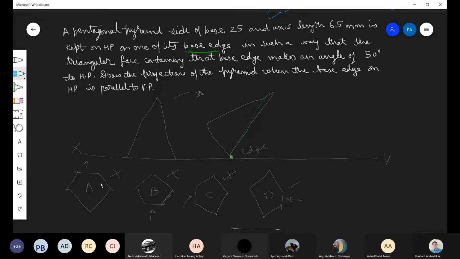So if I draw it like this, what will happen? When it is inclined, what will we get here, in case of A or B? What will we get at this point? A corner will come, sir, so that will be wrong.